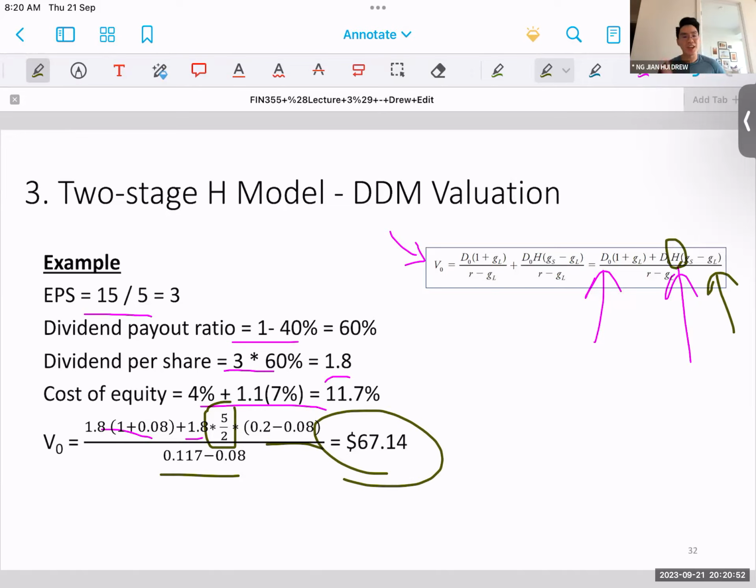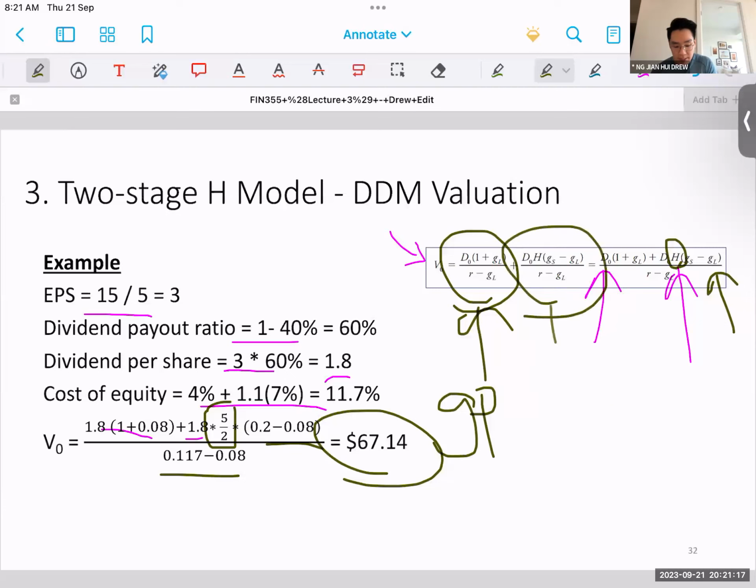So if you notice, questions regarding the H model are quite easy because you just use this approximation formula. But the reason why we went into so much detail about the approximation formula is so that you can understand where it's coming from, right? So remember this component here is your GP, growing perpetuity, and this component here is your gradual decline, the triangle that was declining. So there are two components here.